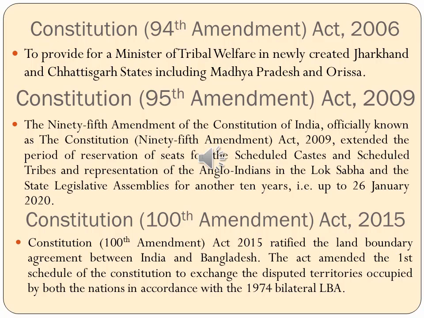So India received 51 Bangladeshi enclaves covering 7,110 acres in the Indian mainland, while Bangladesh received 111 Indian enclaves covering 17,160 acres in the Bangladeshi mainland.